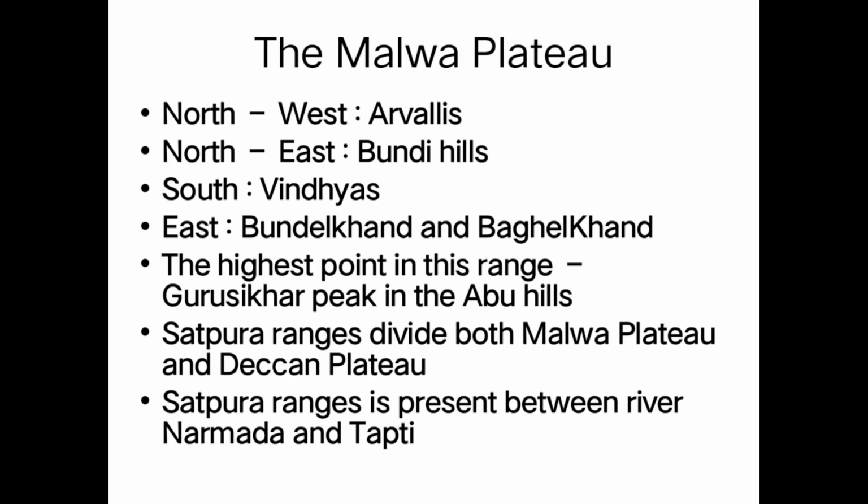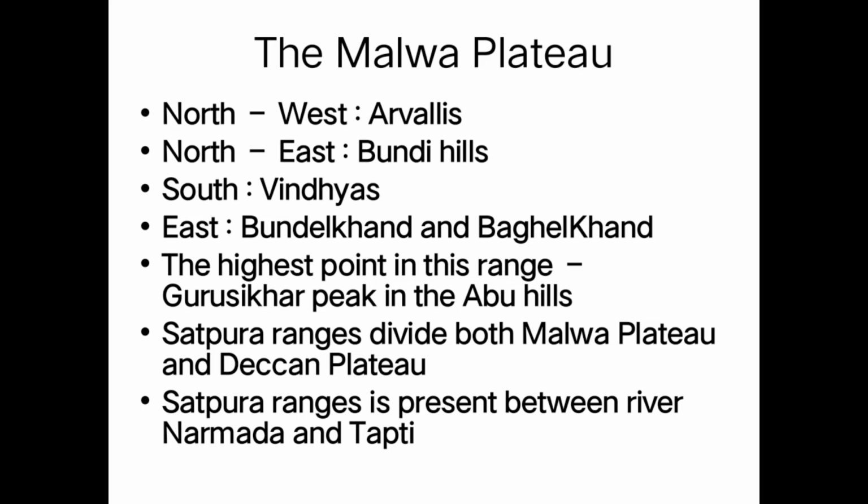The Malwa Plateau lies towards the northwest of Aravalli, and towards the northeast we have the Bundi Hills. Towards the south we have the Vindhya range of mountains. Towards the east we have the Bundelkhand and Baghelkhand uplands. The highest point in this range is Guru Shikhar Peak in the Mount Abu region, that is the Abu Hills.